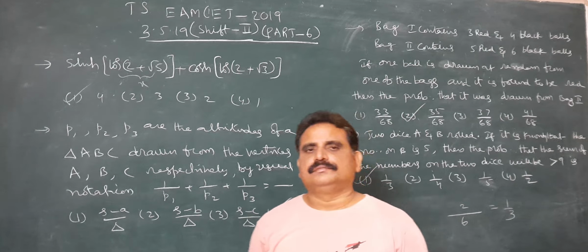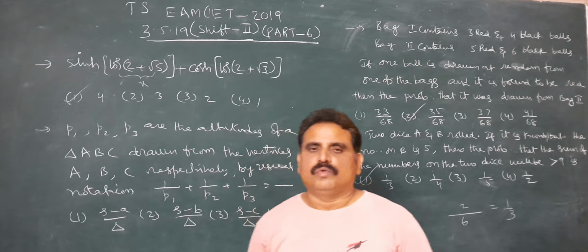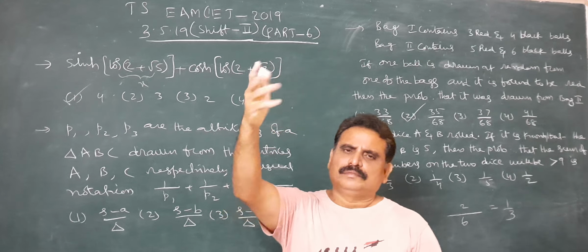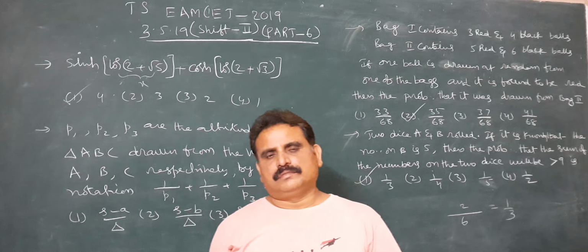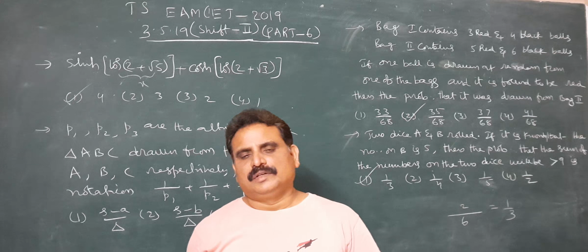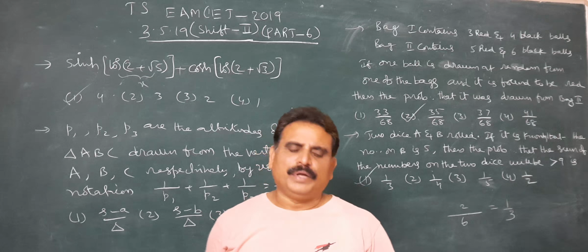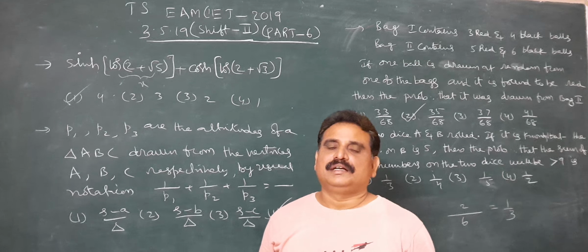Top 100, 126 marks above. Below 1000, 100; if you cross 100, there is a chance of below 1000. Next, 10,000.